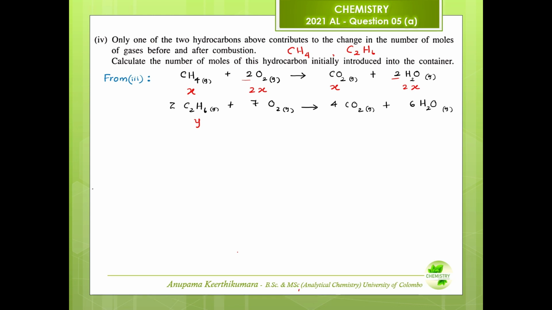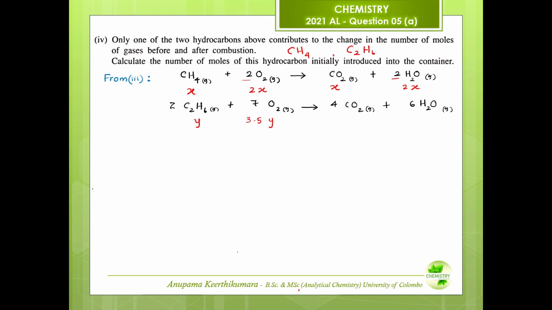Stoichiometry between C2H6 and O2 is 2:7. If 2 moles of C2H6 are present, we need 7 moles of O2. Then if 1 mole of C2H6 is present, it's half, that is 3.5 moles of O2 required. Therefore, we need 3.5Y moles.